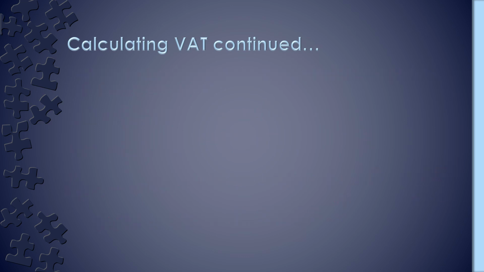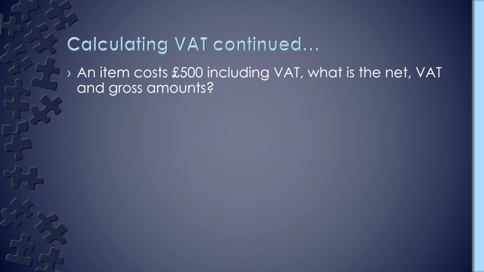The next example here is working out when you've got something that's already including VAT. So let's have a look. We've got an item here that costs 500. It's including VAT. So what are the net, VAT and gross amounts? Okay, if it's including VAT, it means that it's the biggest amount.